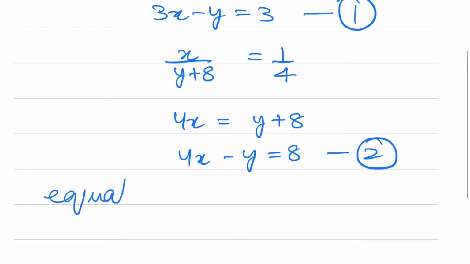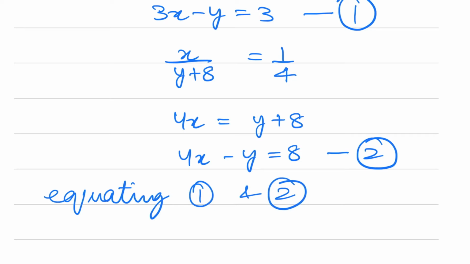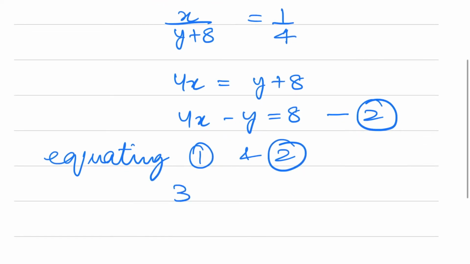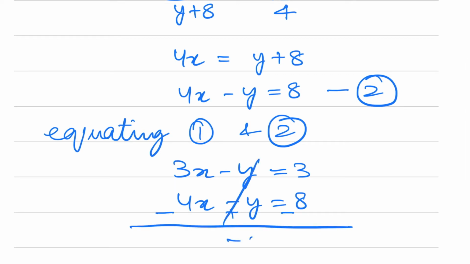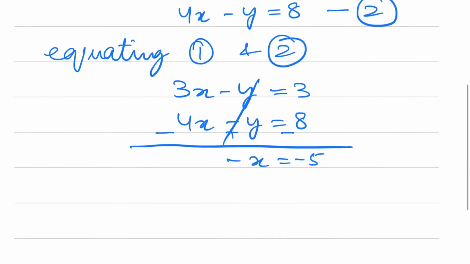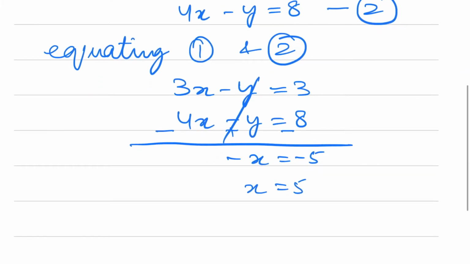Now equating 1 and 2, we have 3x minus y is equal to 3 and 4x minus y is equal to 8. Subtracting these equations, this gets cancelled, minus x is equal to minus 5, so x is equal to 5.